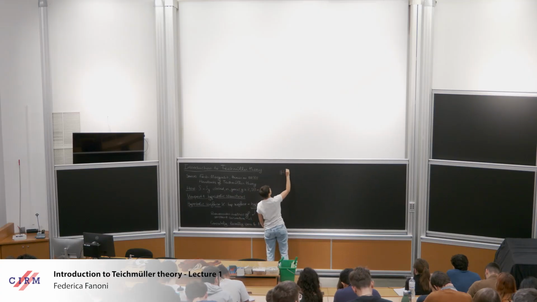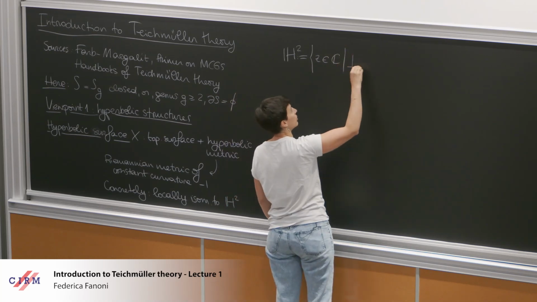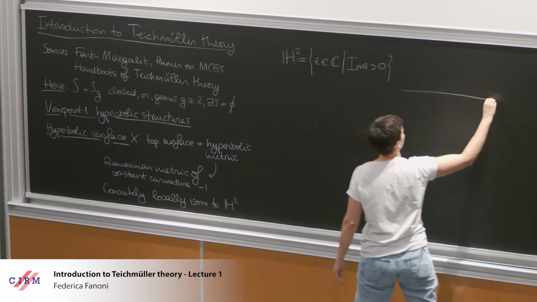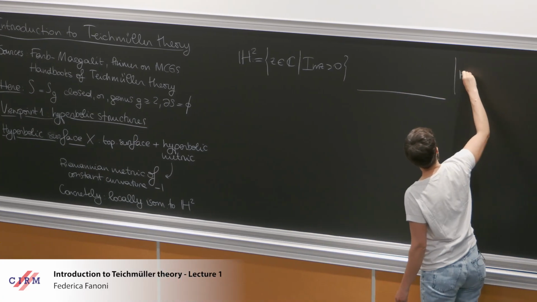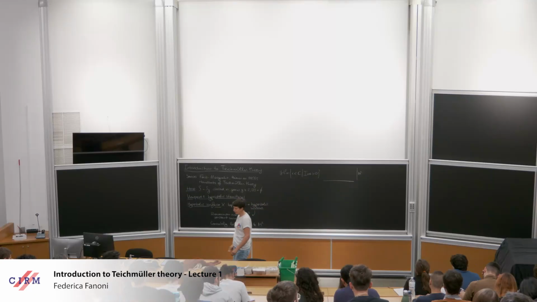There are various models. I'm going to take the model in which this is the upper half plane. So these are all the points in the complex plane with a strictly positive imaginary part. There are multiple ways of talking about the distance.